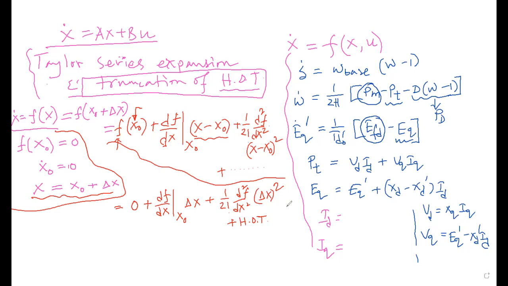Now again, if I am only interested in the linearized part of this expression on the right hand side, this part is 0. This part, I have to evaluate the first derivative of the original function f with respect to x, and then evaluate it at x0, at a certain equilibrium point. What about this? Is it a nonlinear term or a linear term?